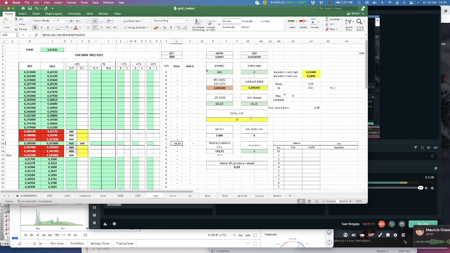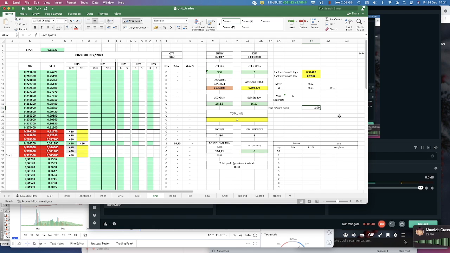Basically here you have a $55 risk for each 480 lots. The bank math high is here, the bank math low is there, and with this kind of metric that I put, we have a 2 to 1 risk reward ratio, which is awesome.